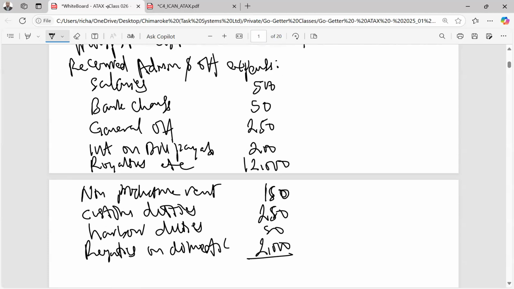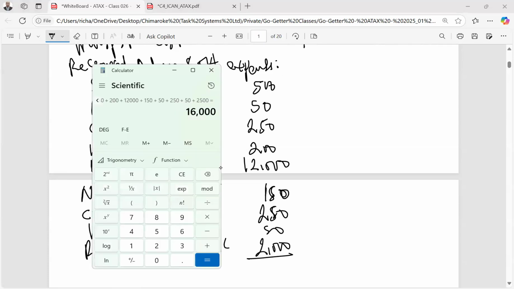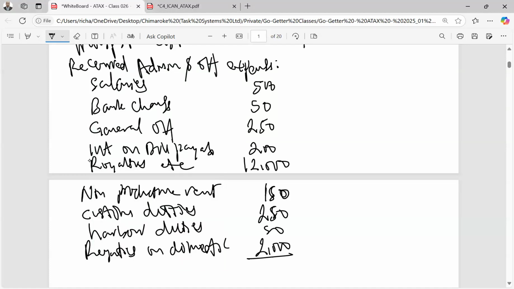So we have 500 plus 50 plus 250 plus 200 plus 12,000 plus 150 plus 250 plus 50 plus 2,000. That gives me 15,450.